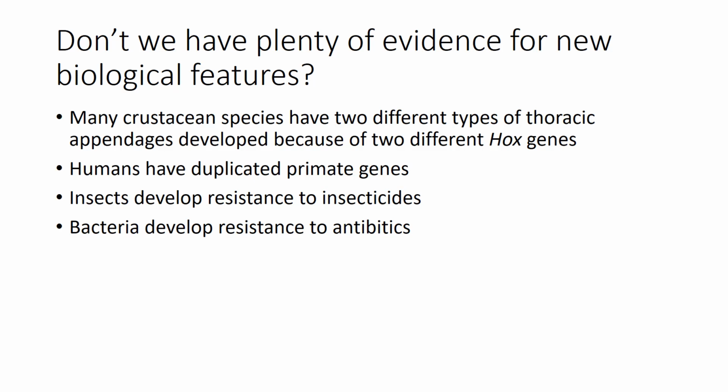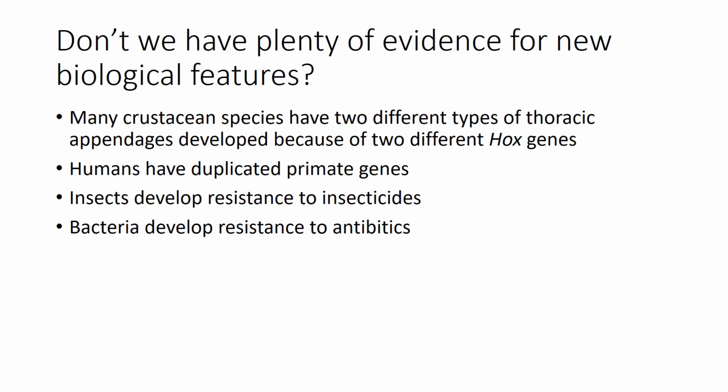Now, what's interesting is that for the first two, it is assumed that this is what developed these organisms. In crustaceans, it could just as easily be explained that these two Hox genes always existed and they were designed from the beginning to generate these two different types of appendages.